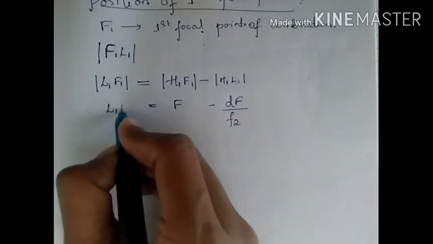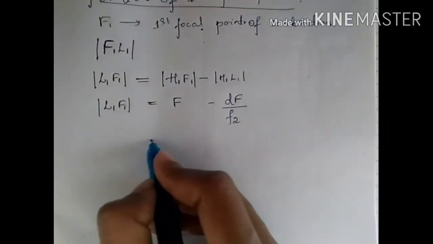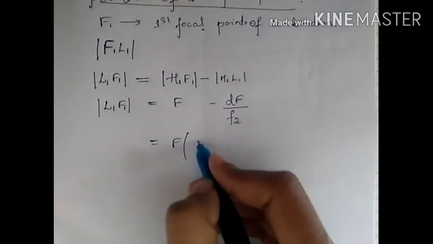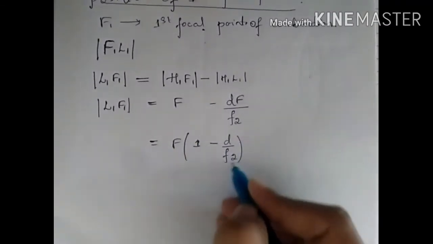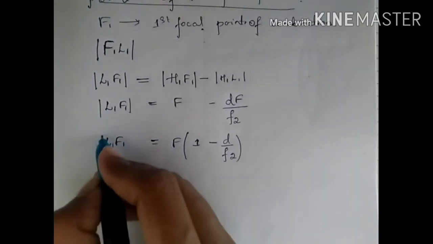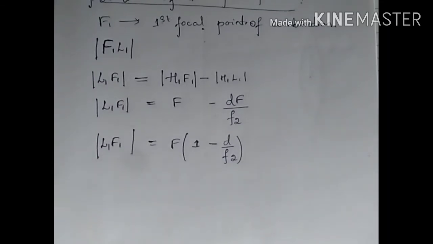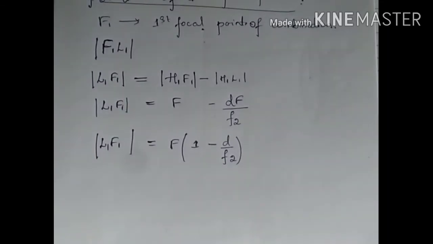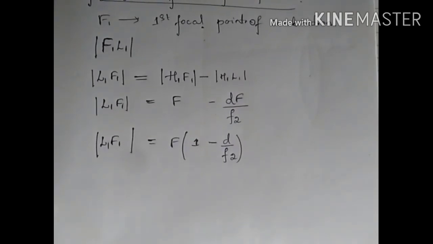So this is L1 F1. If you take F common from here, what will be left? 1 minus D by F2. So L1 F1 is equal to F into 1 minus D by F2. In the figure F1 lies to the left of L1, therefore according to the sign convention L1 F1 is negative.